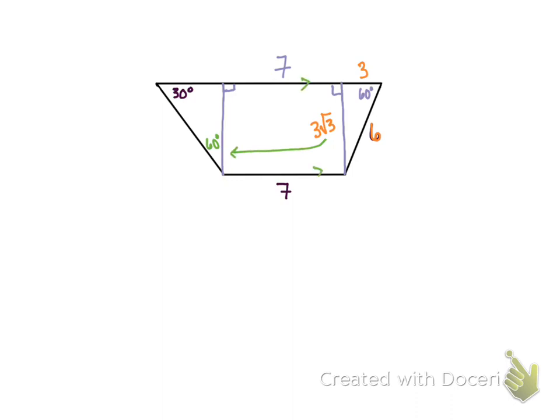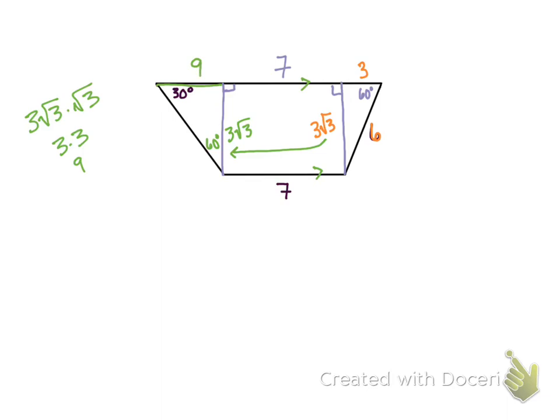We draw that in. So this is also 3 square root of 3. And that would be the short side of this triangle. So to find the long leg right there, the green line, we multiply by the square root of 3. So 3 square root of 3 times the square root of 3 is 3 times 3, which is 9. And 9 is that measurement right there.